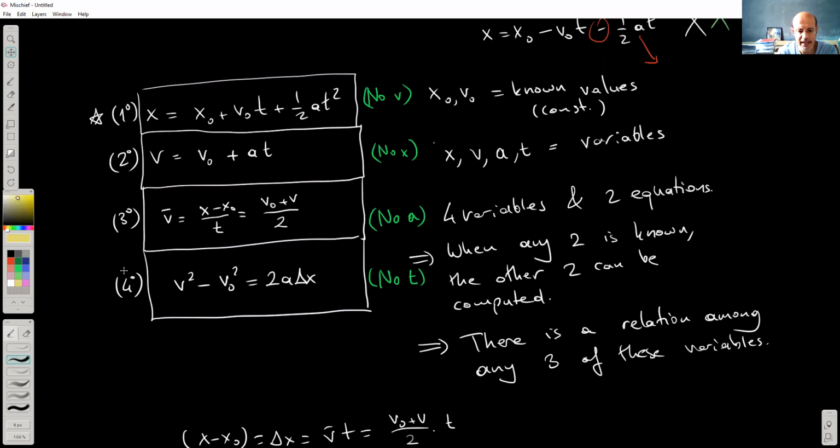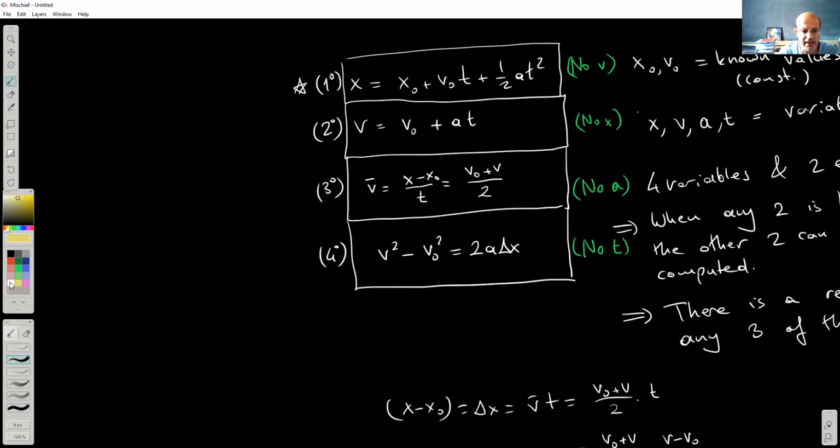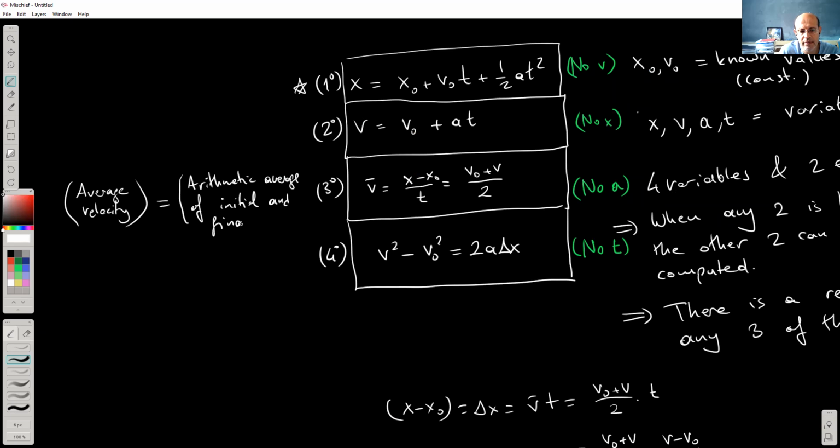The third one basically says that the average velocity, just remember that this is a kinematic concept, we have defined it as the displacement divided by the time, is equal to the arithmetic average of initial and final velocities.